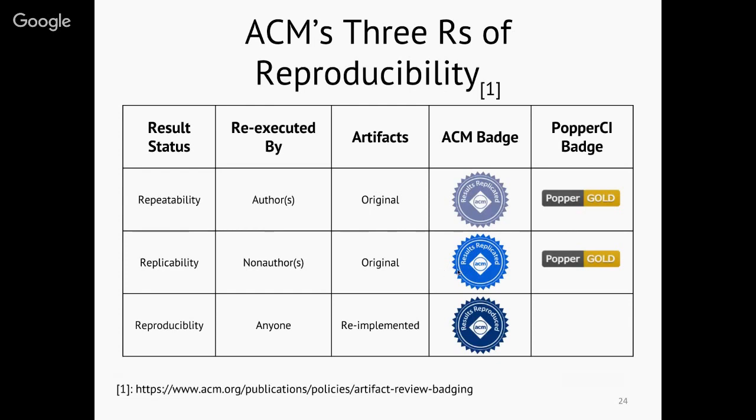Some conferences and journals are starting to use these badges, and the goal is to have more and more journals and conferences use this, and make it more common for authors to pay attention to the repeatability and replicability of results.